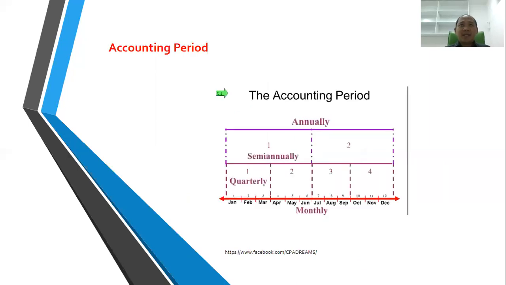This principle entails that a business completes the whole accounting process over a specific operating time period. It could be monthly, quarterly, semi-annually. The accounting period, of course, could follow an annual accounting period, meaning you can have a calendar or fiscal year.